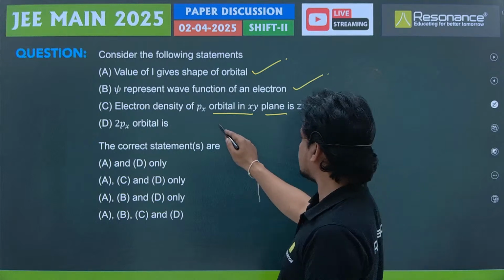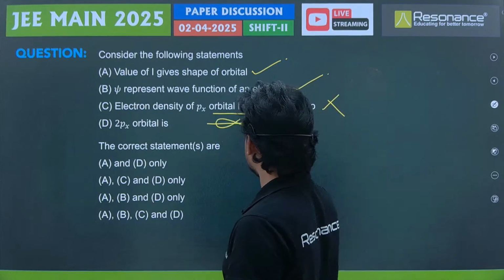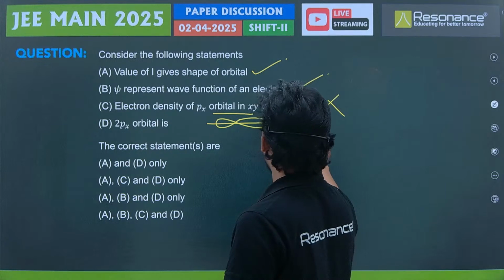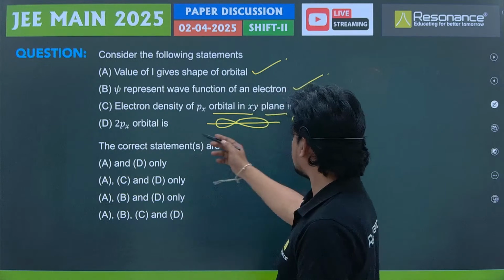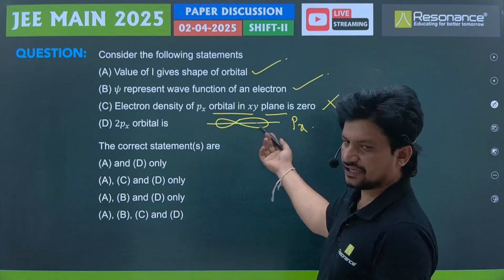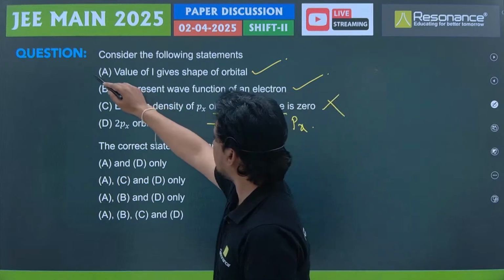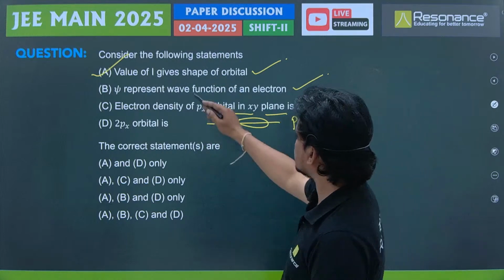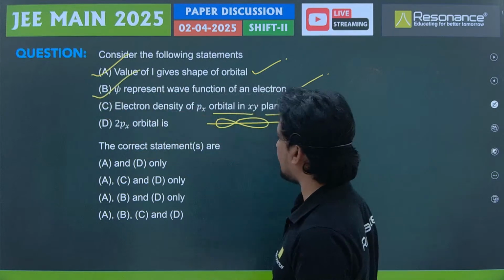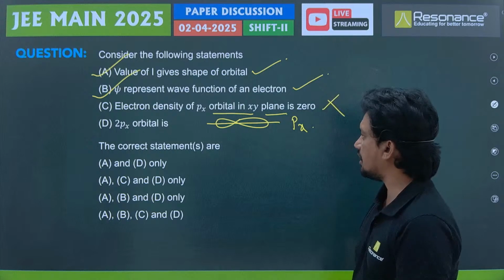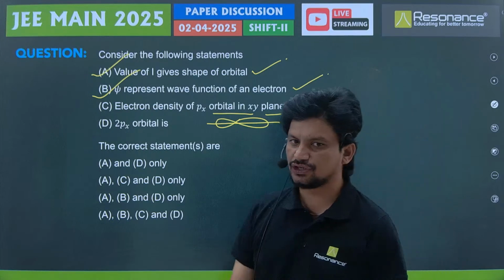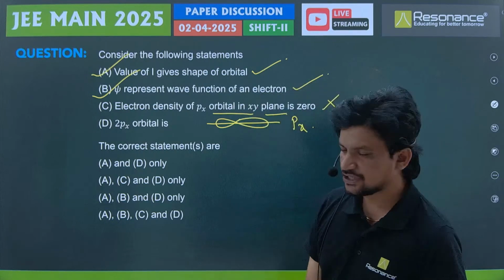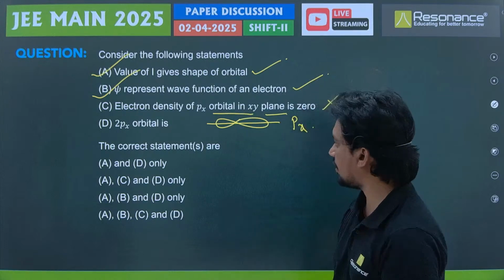And the 2px orbital. This is the x-axis. The 2px orbital is this one. It may be they have given it like this. So A is right. Value of l gives the shape of the orbital, and psi represents the wave function of an electron, right? Electron density of the px orbital in the xy plane is 0? No, in the yz plane its electron density is 0.